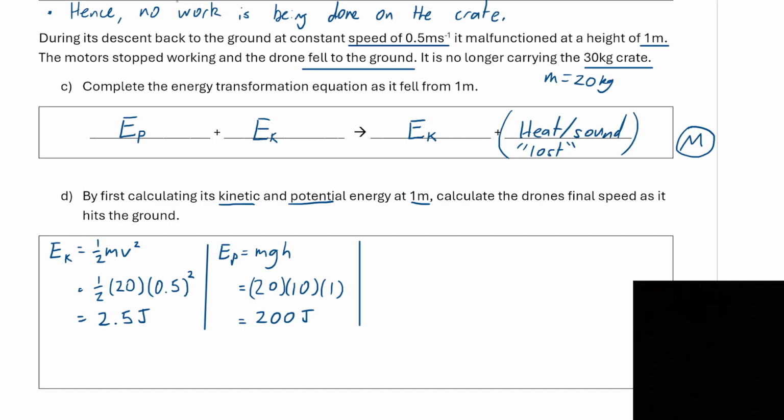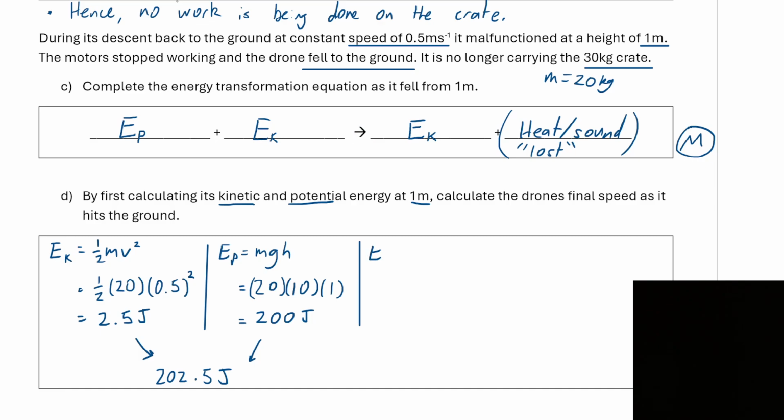Okay, so looking back at our energy transformation equation, we've worked out the starting energy. So let's add those together to give 202.5 joules. That is how much energy the drone starts with, the mechanical energy. Now, that converts to kinetic energy.